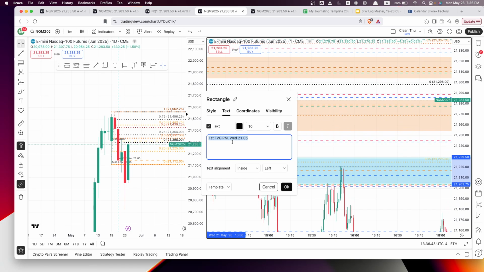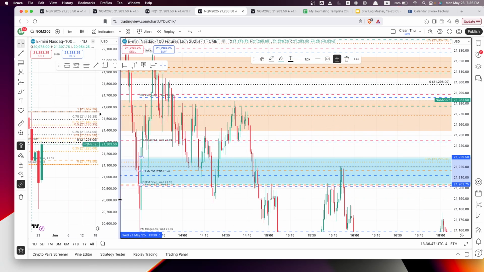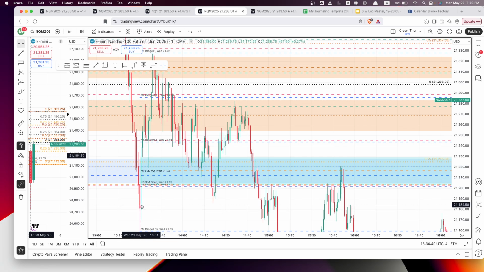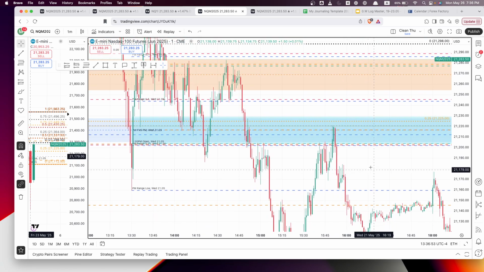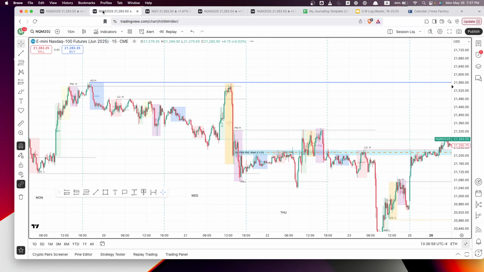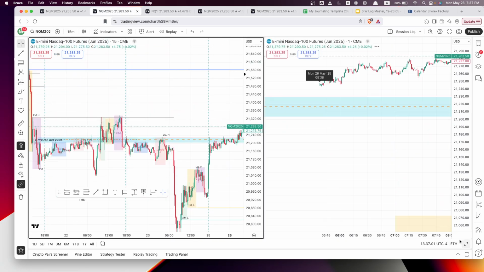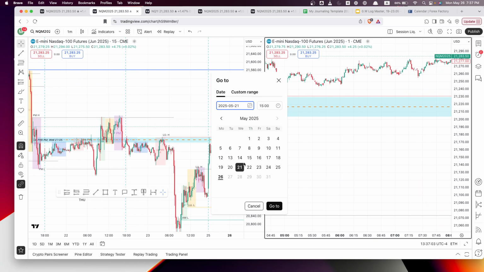If we drag 3:30, 3:31, the first fair value gap, extend that over, and notice how price is coming perfectly here. We also have some session liquidity. So we look on Wednesday.